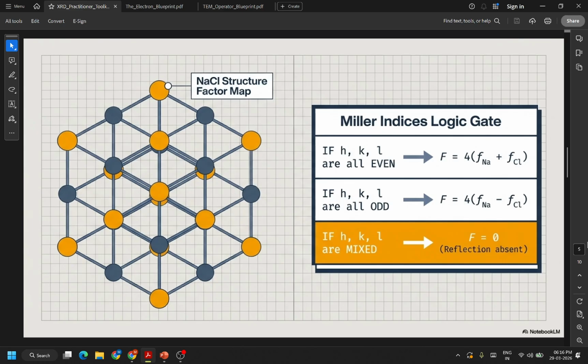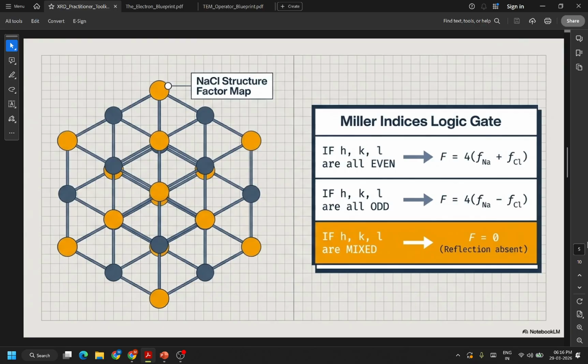So if you have a mixed lattice such as NaCl, your structure factor will comprise individual structure factors. So in this case, if HKL are all even, your structure factor will be 4FNa plus 4FCl.